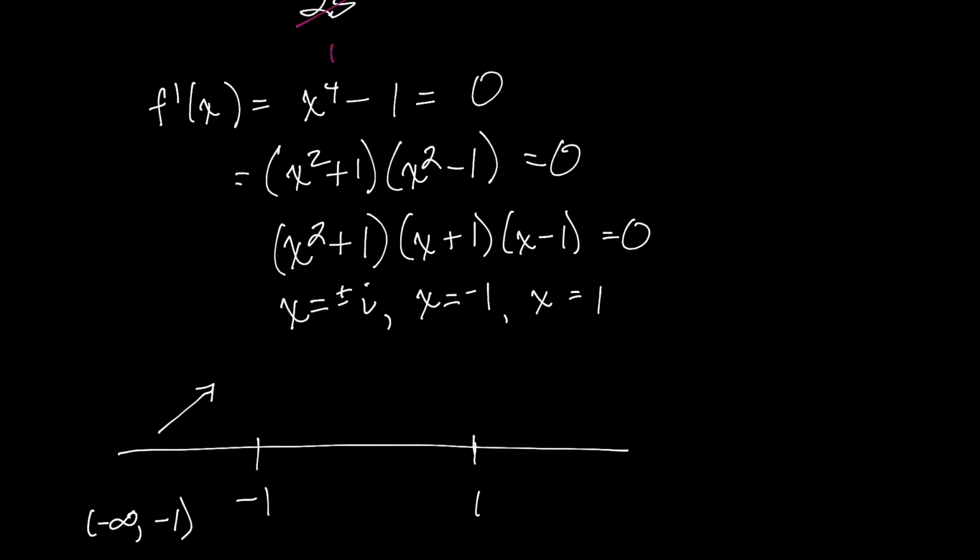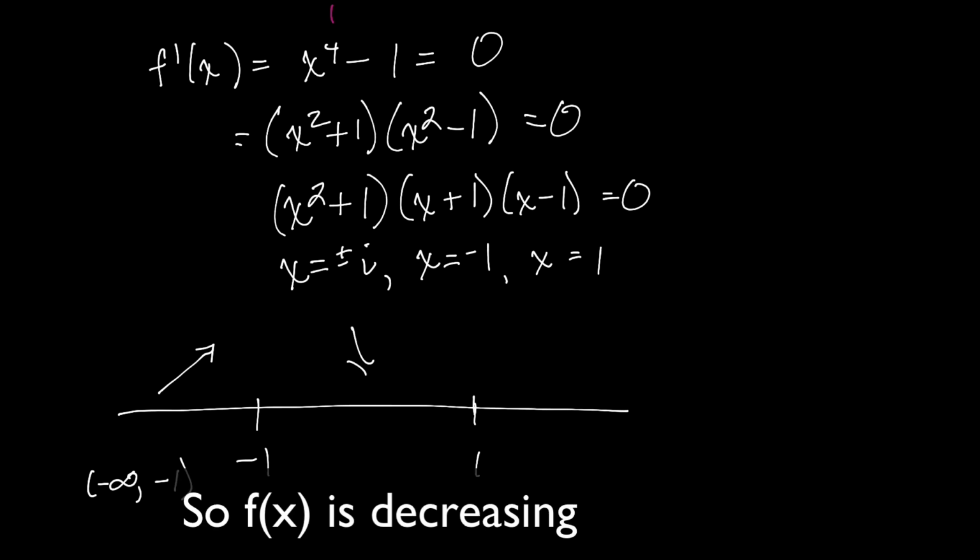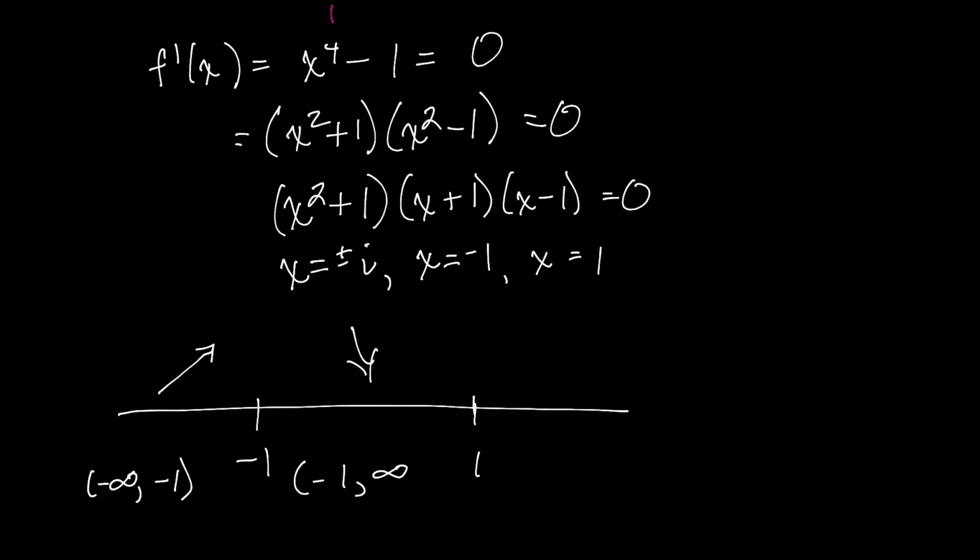Then we've got to pick another number. Our favorite number between negative 1 and 1 is, for me, 0, because 0 to the fourth is 0, minus 1 is negative 1, so that's a negative number. That means I am decreasing in this interval from negative 1 to positive 1. Then out here, we're going to pick our favorite number bigger than 1 and substitute it into any of these expressions.